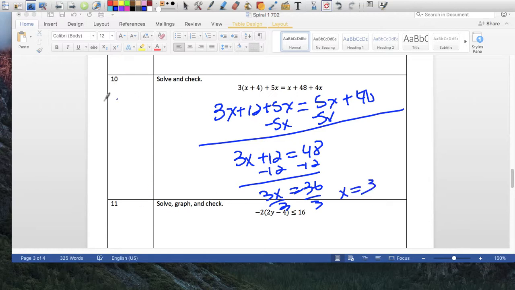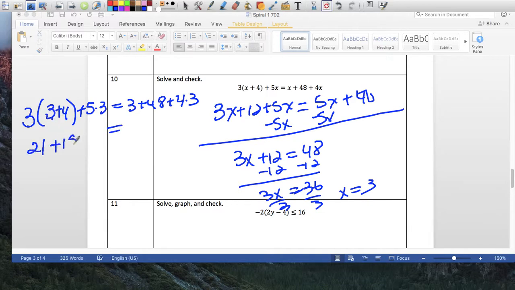Okay, so my check is pretty simple. It's going to be 3 times 3 plus 4 plus 5 times 3 equals 3 plus 48 plus 4 times 3. So hopefully the left side equals the right side. 3 plus 4 is 7. 7 times 3 is 21. 21 plus 15, I get 36 on that side. On this side, what is it, 48?